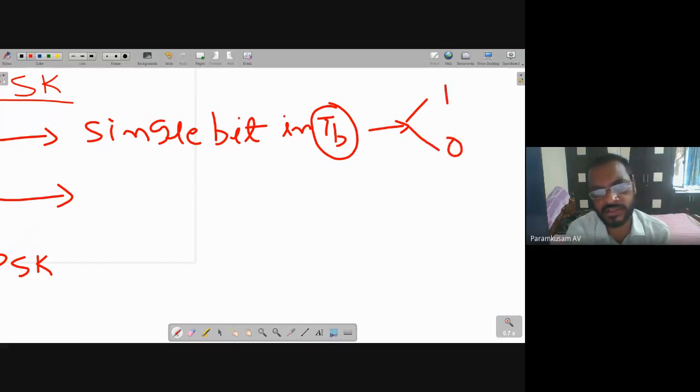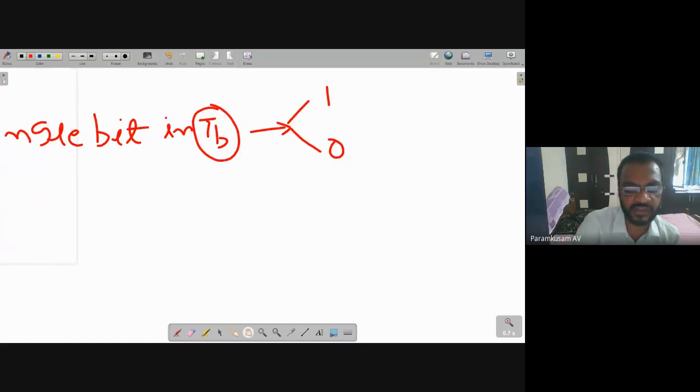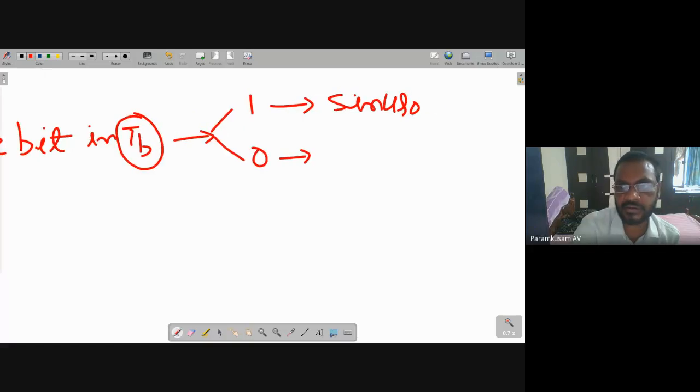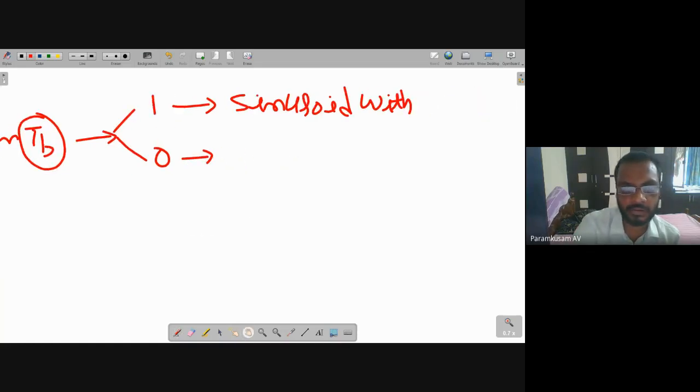So in binary phase shift keying, if logic 1 is transmitted, you transmit a sinusoid with one phase.